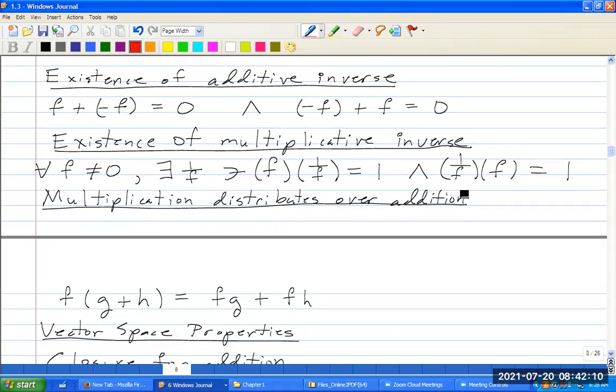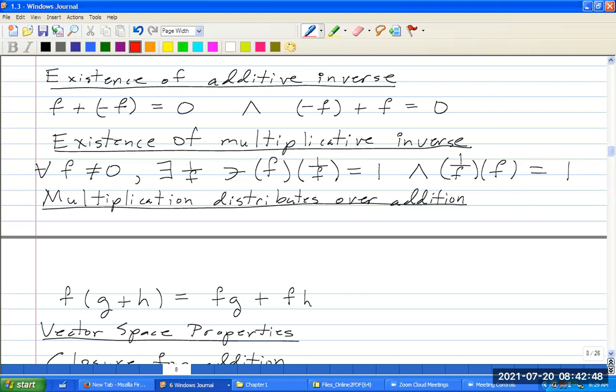The existence of a multiplicative inverse. If f is not equal to 0, then there exists a multiplicative inverse of f, denoted by 1 over f, such that f times its multiplicative inverse is equal to the multiplicative identity.